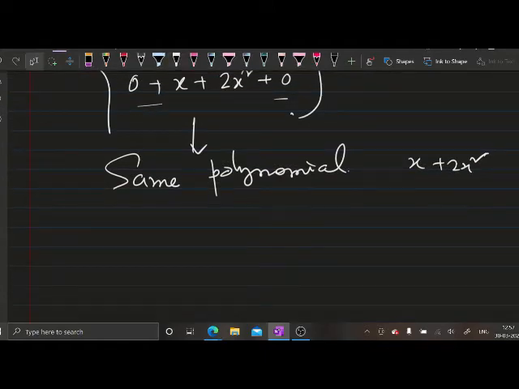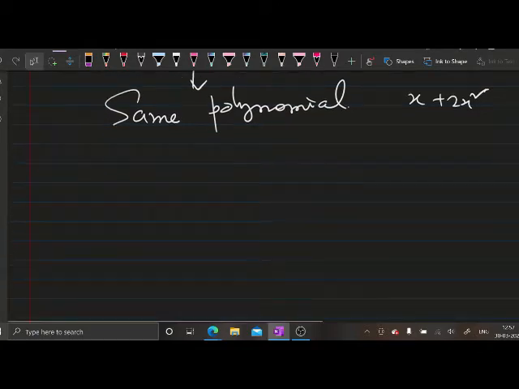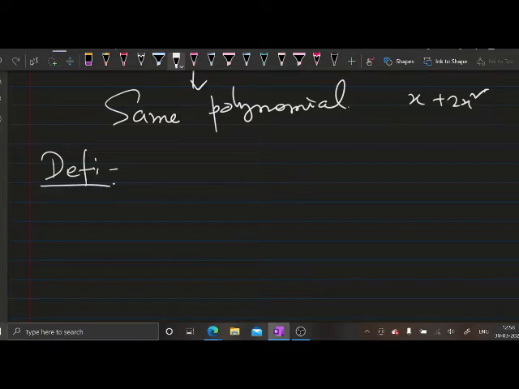So to overcome this confusion, we need to define formally a polynomial in the following way.